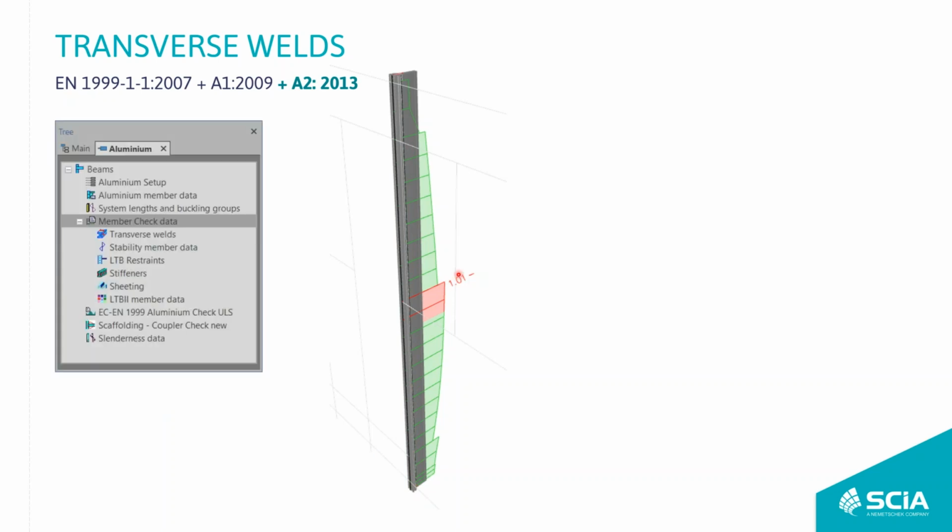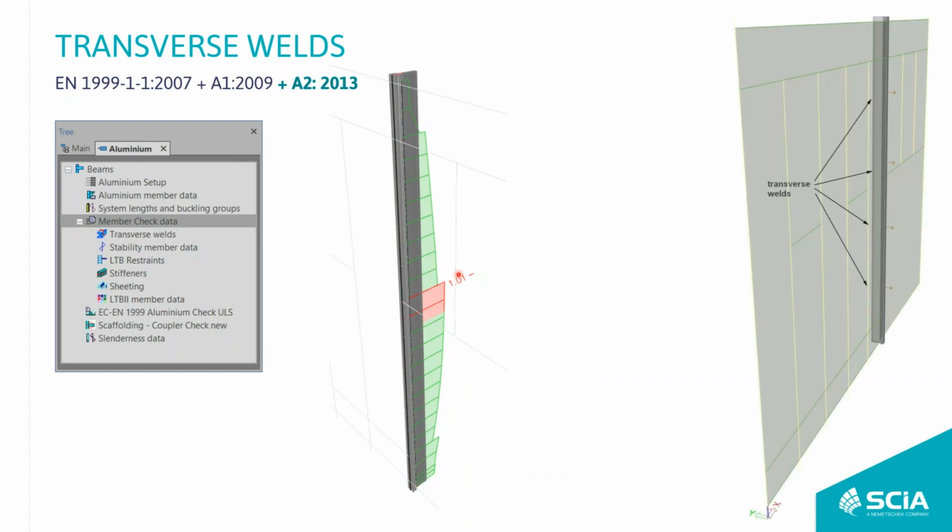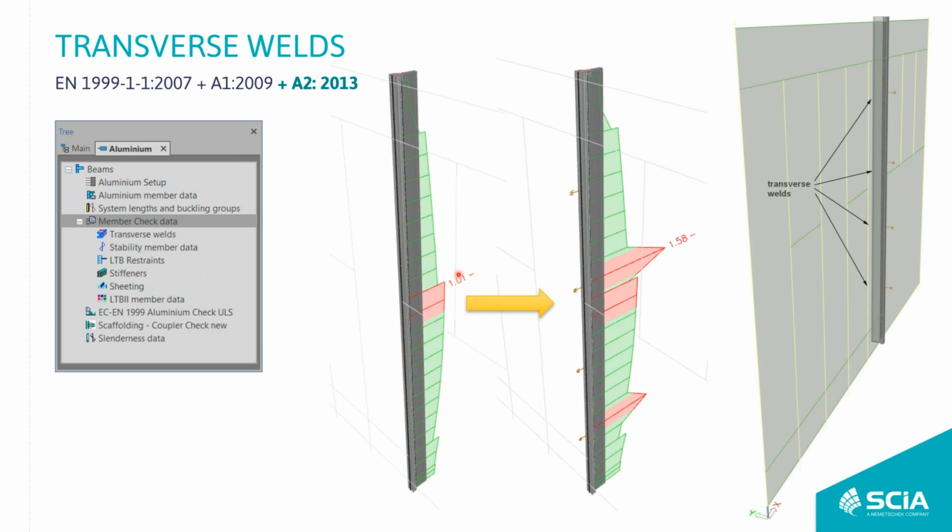Once I play a bit with member check data, and I add transverse welds into that column, then because of the implementation and the usage of the addendum, which was published in 2013, it has an influence on the value of the check.